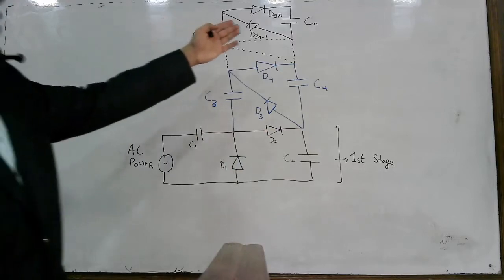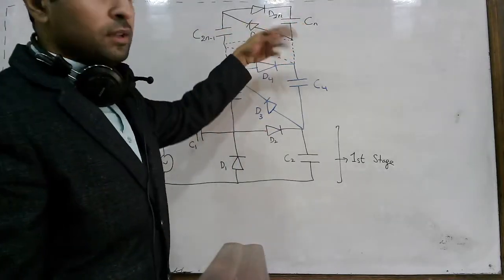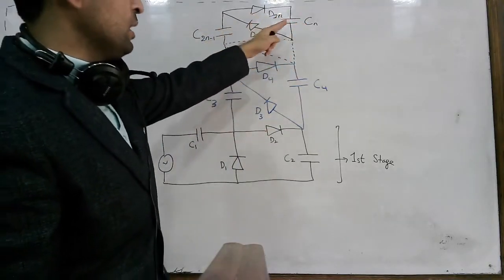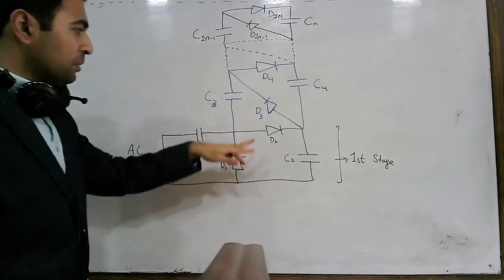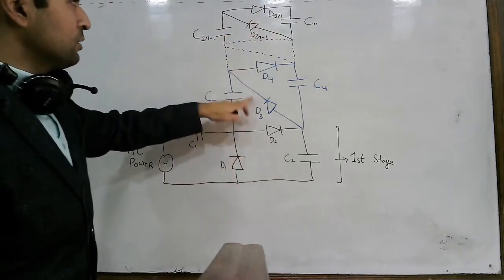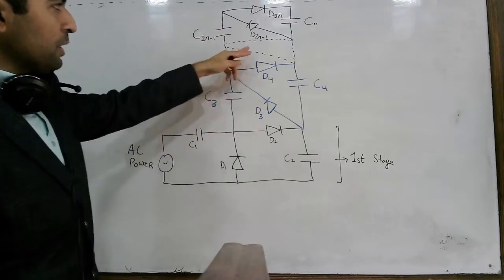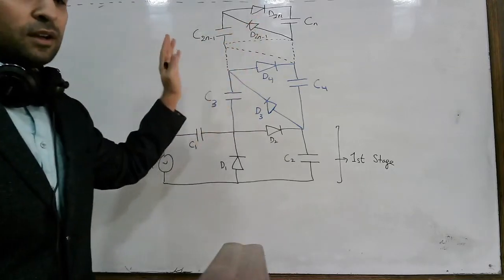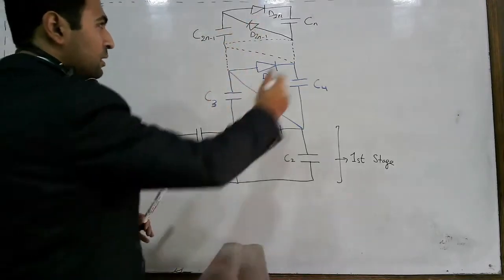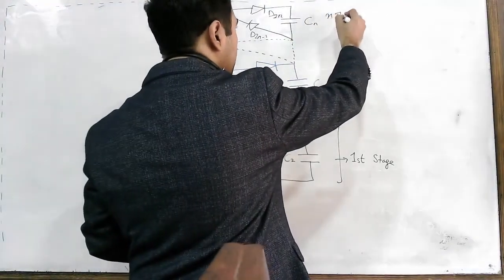So in the nth stage we will have twice the number of diodes, like D2n. As we named D4 and D3, in a similar fashion we have given them the standard notations. So this is your nth stage.